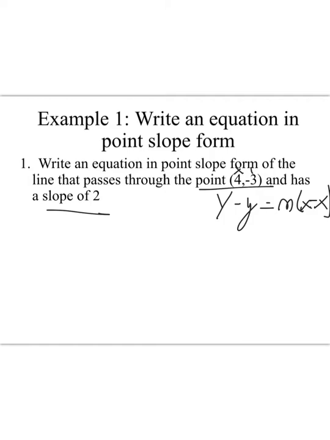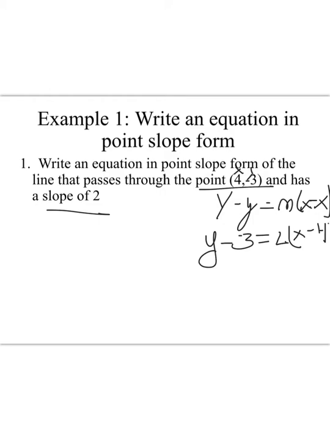Remember, in our ordered pair, we have x and y. We always place in for the second variable. So we're going to leave the first y. So it's going to be y minus a negative 3 equaling my slope of 2 parenthesis x, and we're going to take the second x out and put in, it should be minus the positive 4.